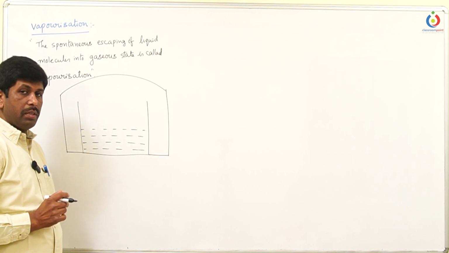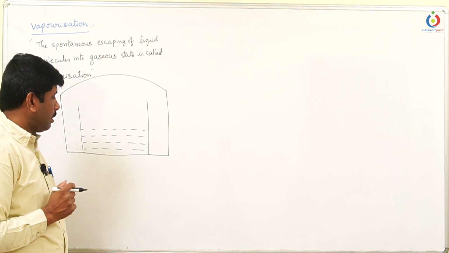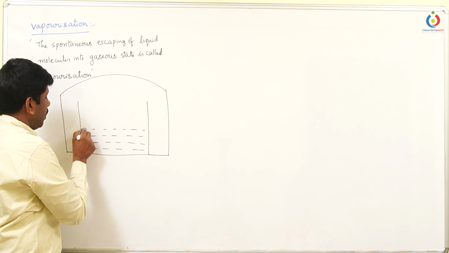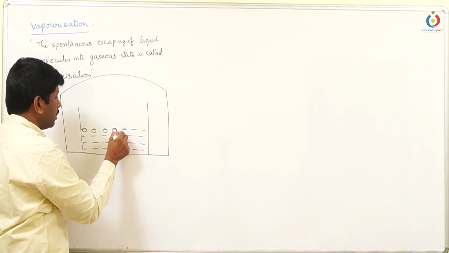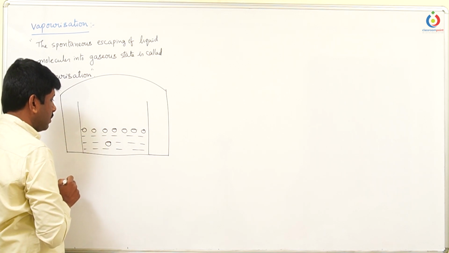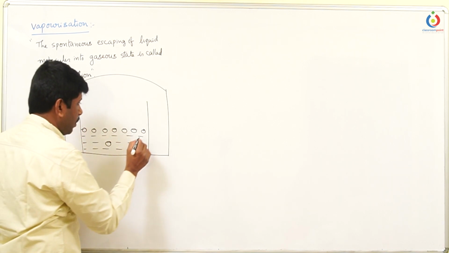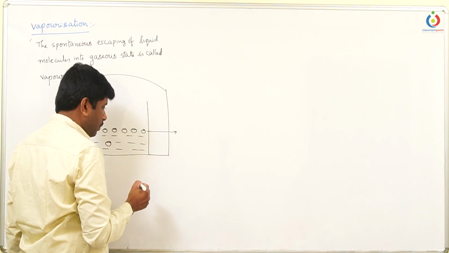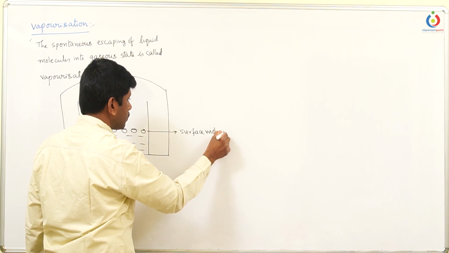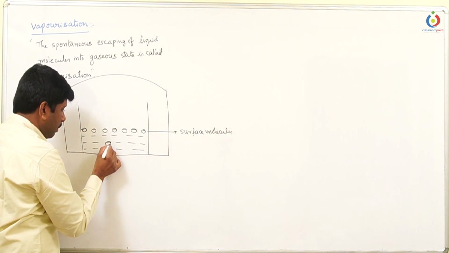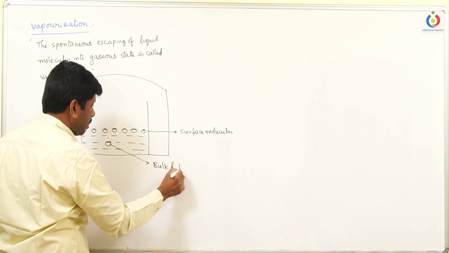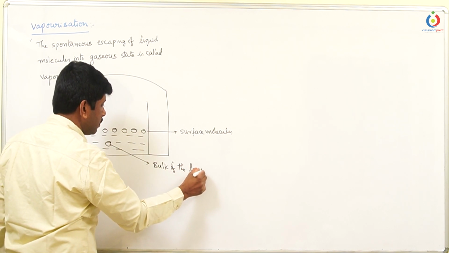When we observe this liquid, it has mainly two types of molecules based on the intermolecular attractions: the molecules present on the surface of the liquid, which we can call surface molecules, and the molecules present in the deep of the liquid, which we can call bulk of the liquid molecules.